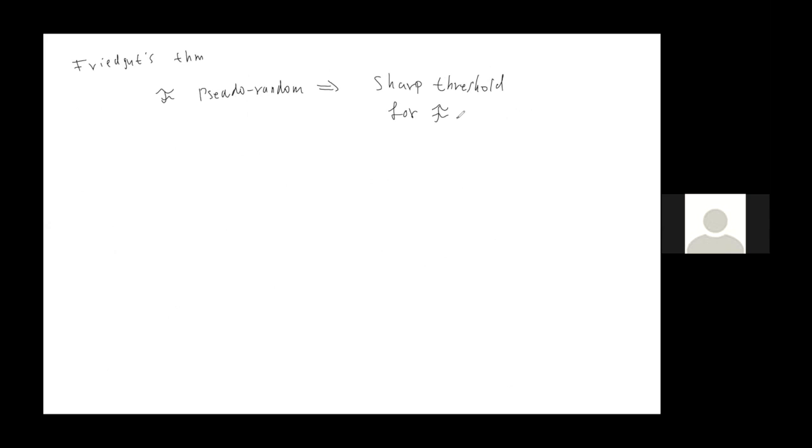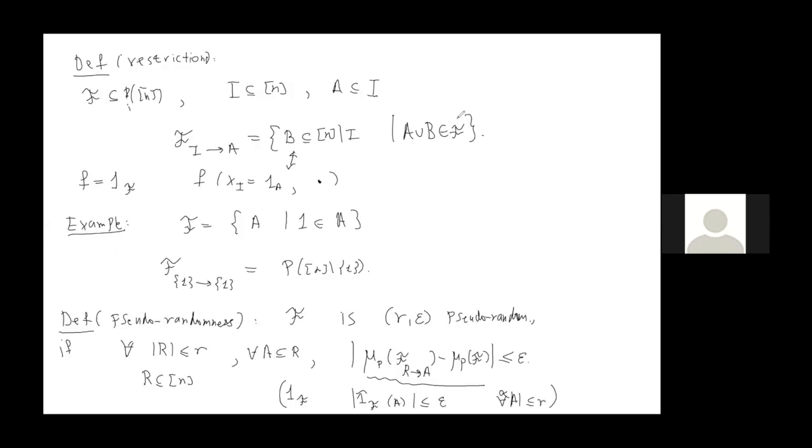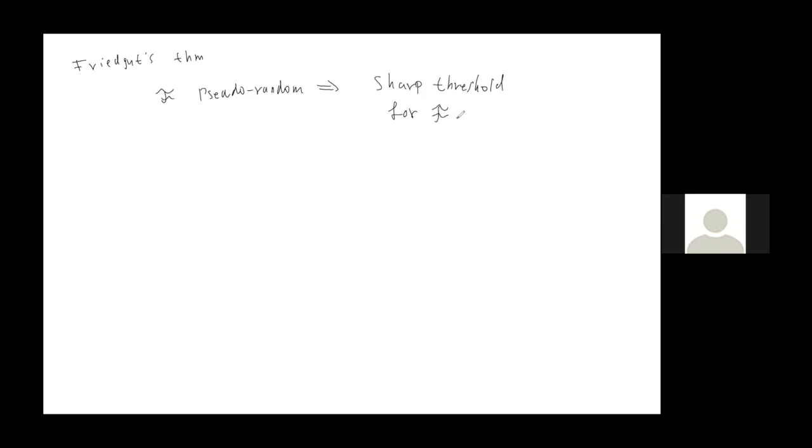And again, let me repeat the reasoning. Friedgut tells you, if you didn't have a sharp threshold, then it means that you're very local, and you're a junta. And if you're a junta, then you can take this set of variables and use it to change the function a lot.